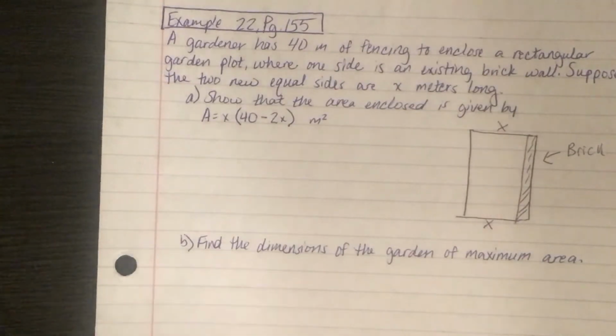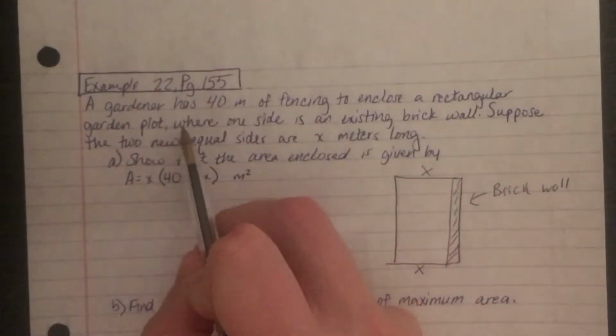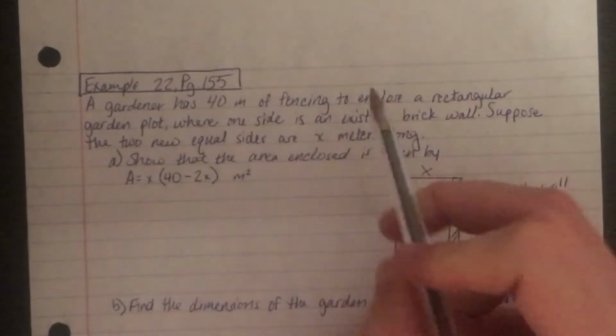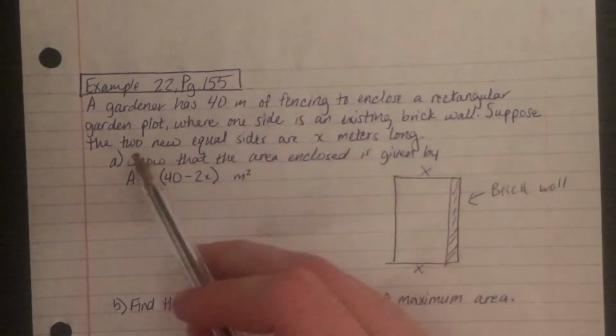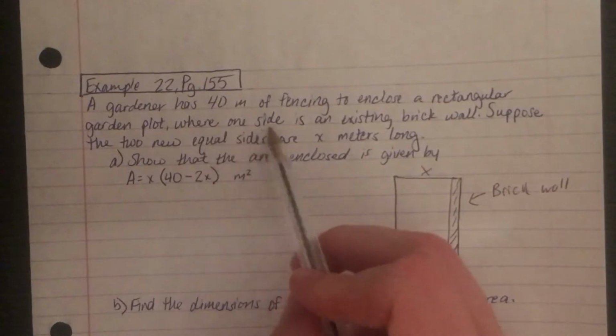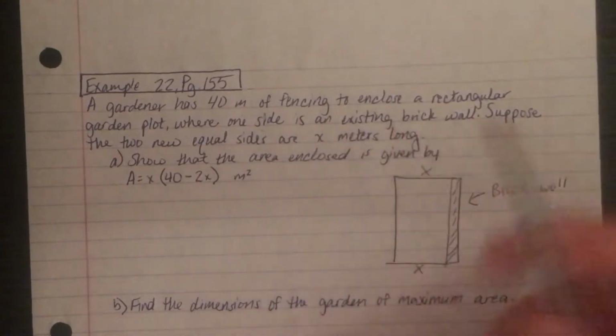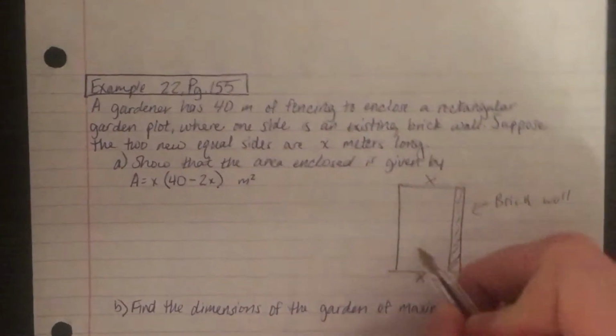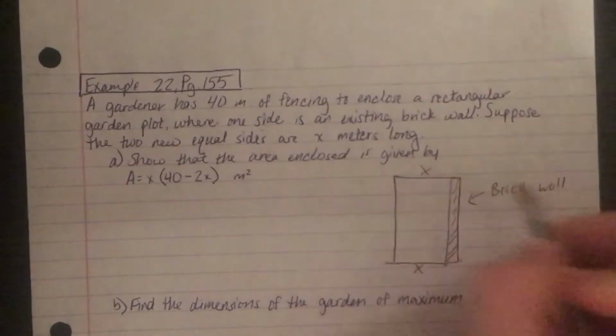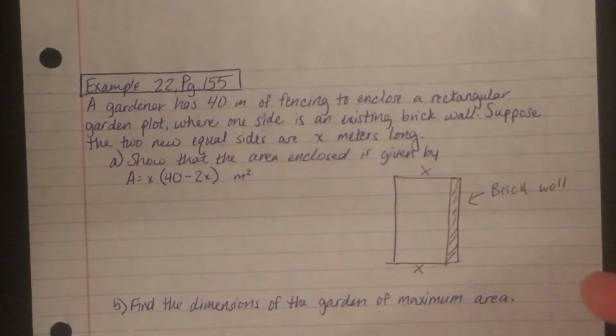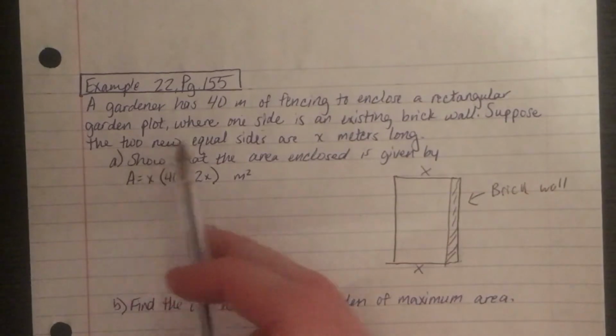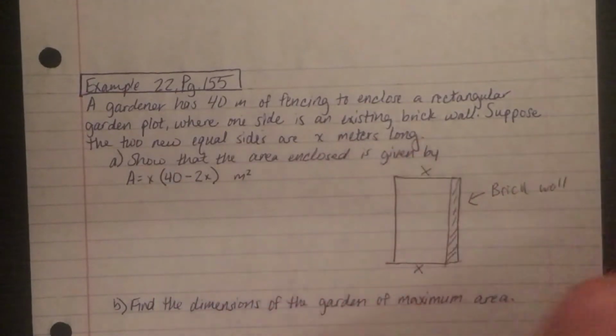So the next one we're going to look at has a gardener. A gardener has 40 meters of fencing to enclose a rectangular garden plot where one side is on an existing brick wall. So here's our brick wall. They're building here, they're building here. Suppose the two new equal sides are x meters long.